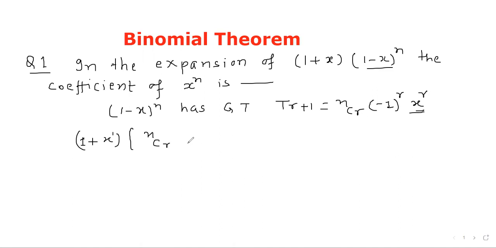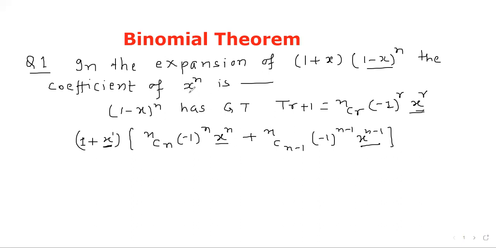So nCn (-1)^n, and this will be x^n. And the next term will be nC(n-1) (-1)^(n-1) times x^(n-1). So when x is multiplied by x^(n-1), we will get x^n. And when x^n is multiplied by 1, it will be x^n.